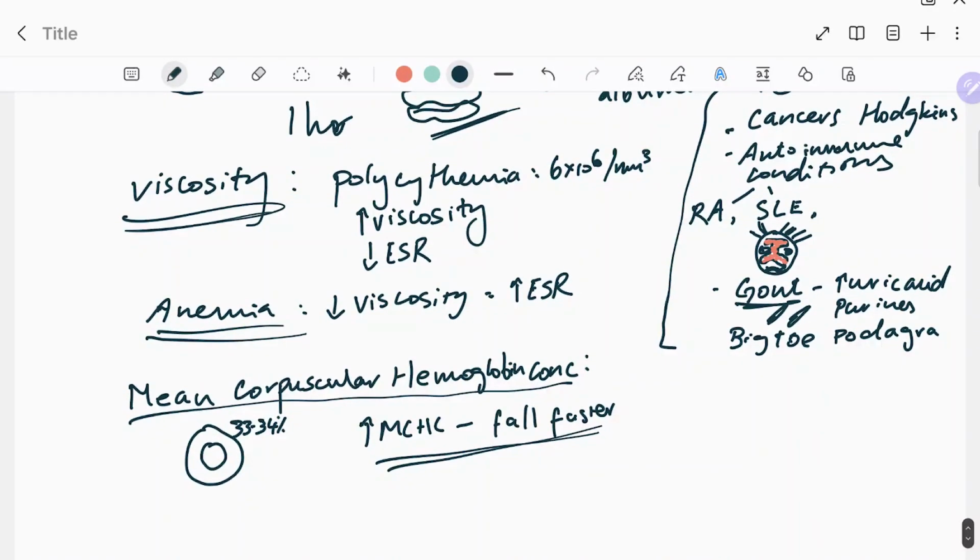And there's a condition where cells have weird shapes. We call this poikilocytosis. There's too much variation in the shape, for example, sickle cell anemia. We'll talk about sickle cell anemia. You might be aware that there's a small point mutation in the globin chain, where one amino acid, glutamate, is replaced by valine in the 6th position of the beta chain.